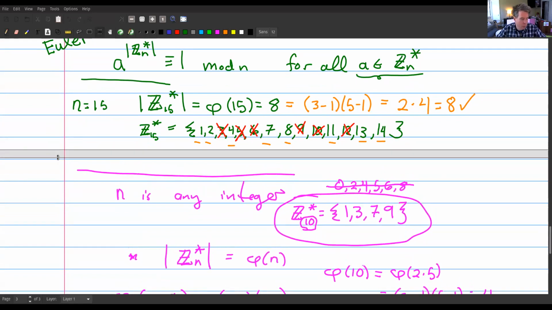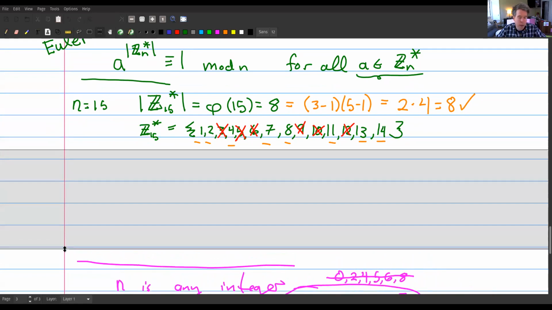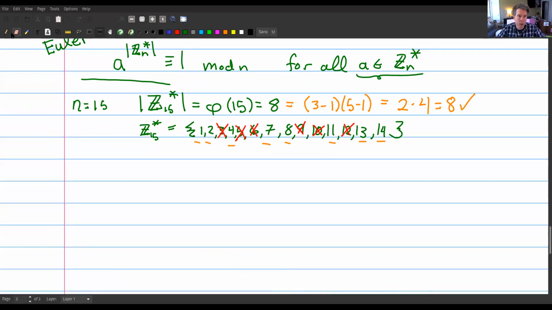just try to verify Euler's generalization of Fermat's little theorem. So let's let A be equal to 7. That's okay because 7 is in here. So what is 7 to the 8? 8 is the number that the theorem applies to. It's the cardinality of the multiplicative group.